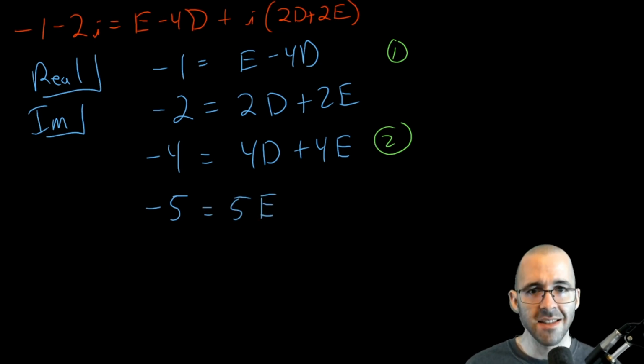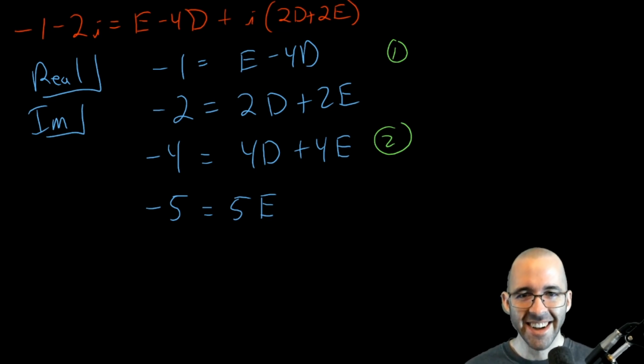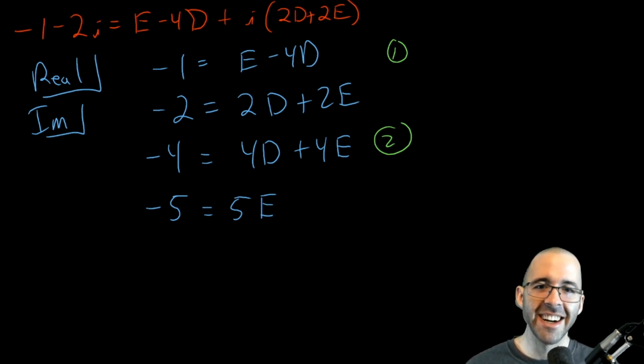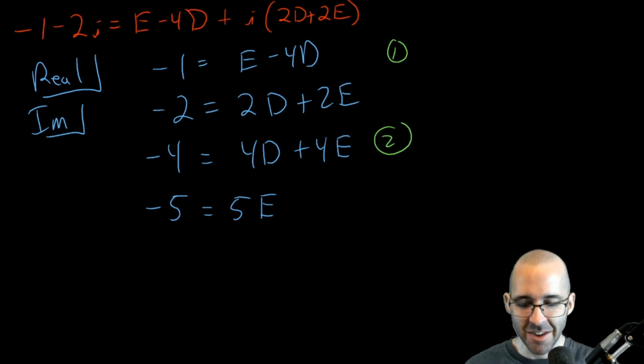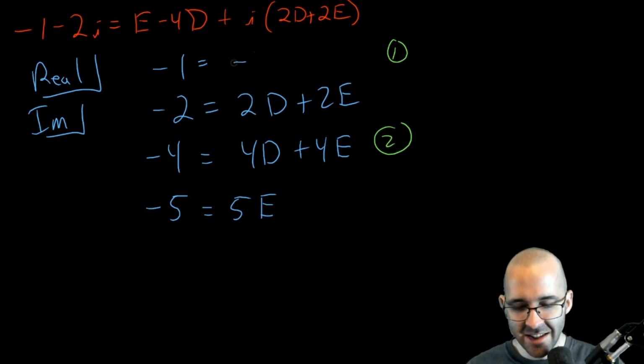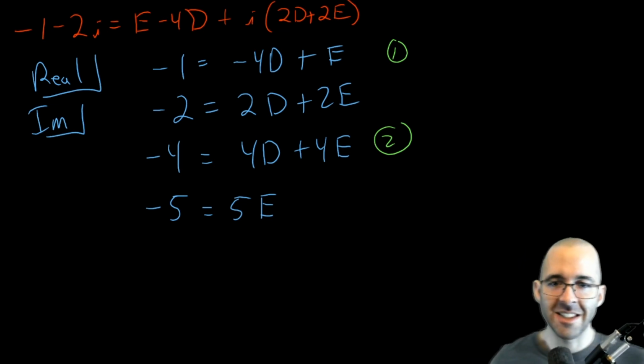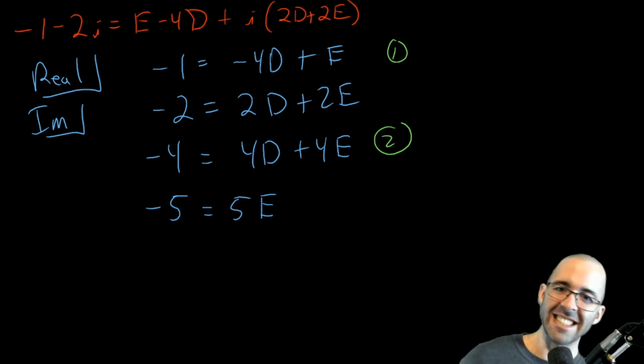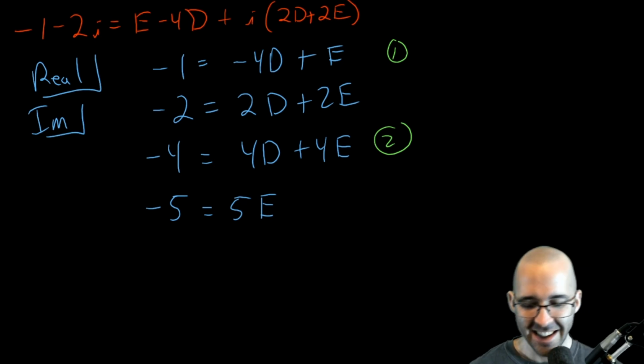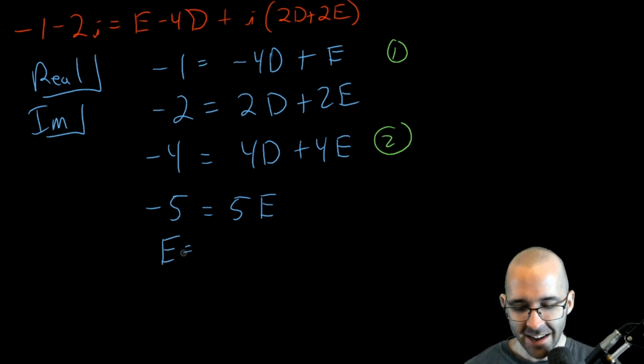Ooh, that's nice. Oh, wait. Oh, oops. This is really bad, something I did. We should write things in the right order. This is negative 4d plus e. The d's still cancel. We still get 5e, but it's really easy to make a mistake the way I wrote it. So e is just negative 1.